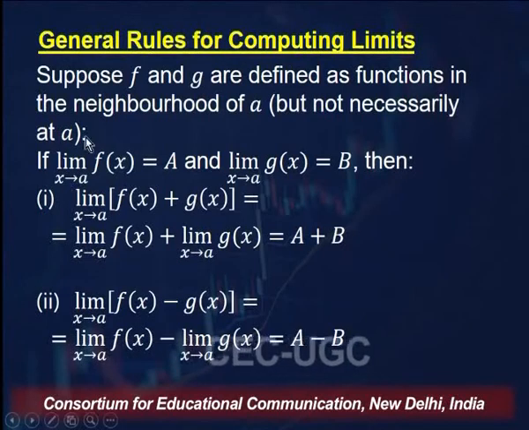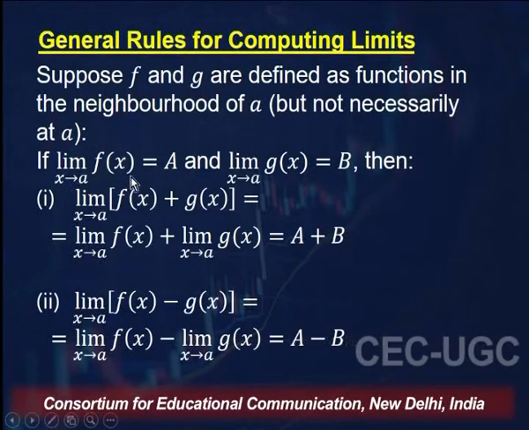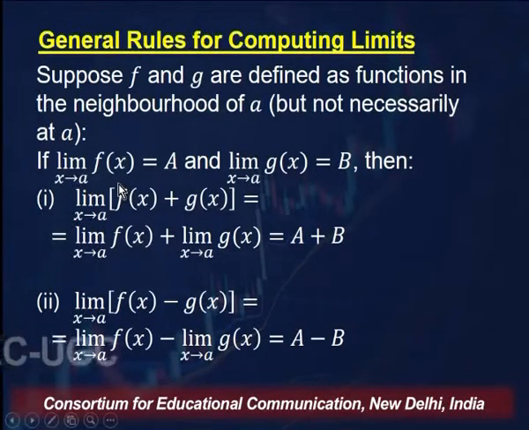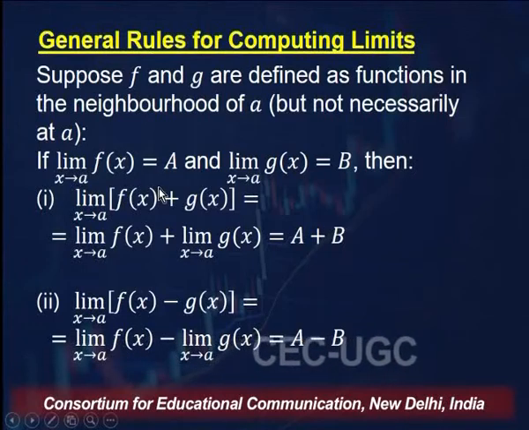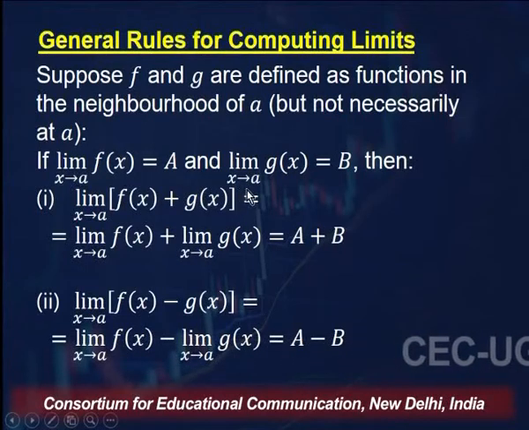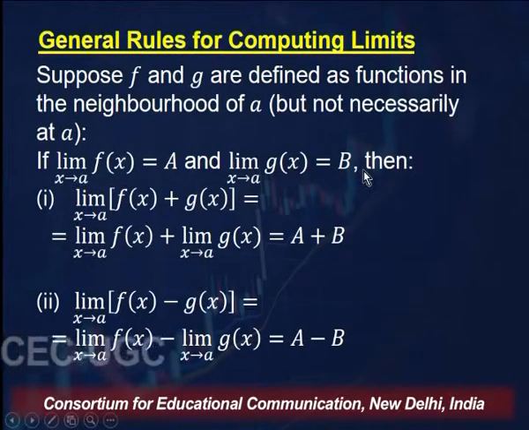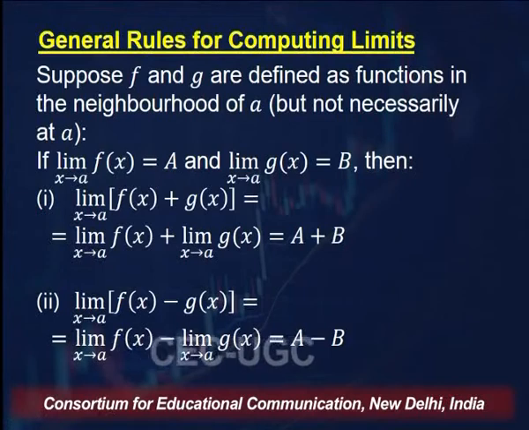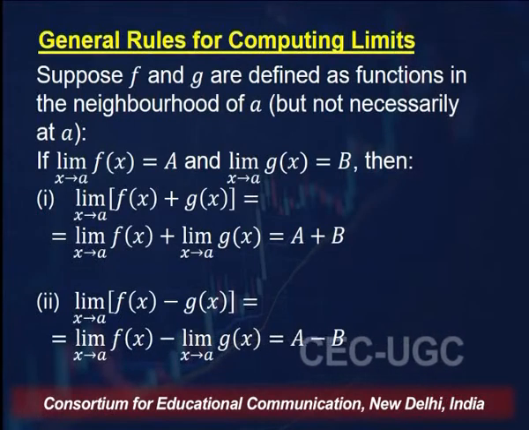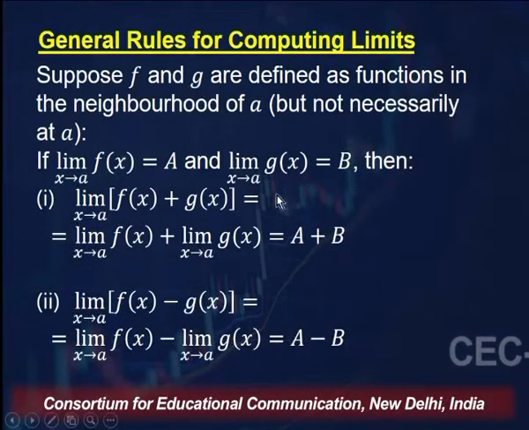Here the limits do exist. So we have this assumption that the limit of the function f as x tends to a is capital A, and the limit of the function g as x tends to a is capital B. These are the two-sided limits, and these are finite numbers.